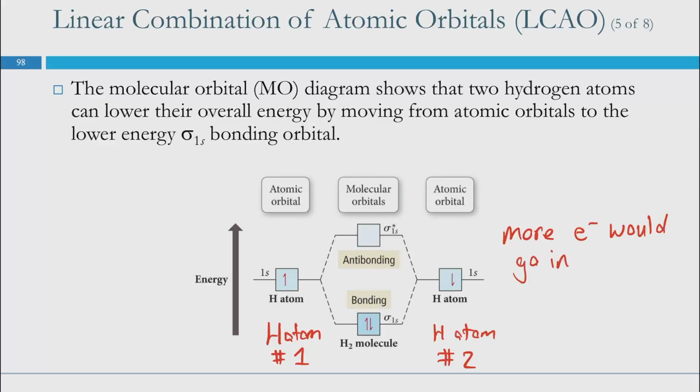If we had more electrons, extra electrons would go into the sigma star 1s.